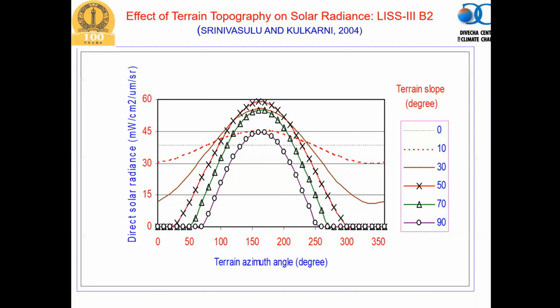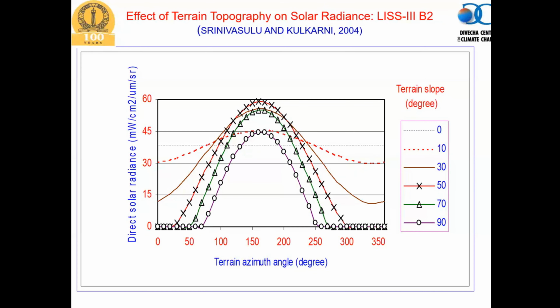This is incoming solar radiation. You can see here this is direct solar radiation, and this is the terrain azimuth angle. What really happens is, it depends upon the orientation and slope. You can determine how much incoming solar radiation is coming.